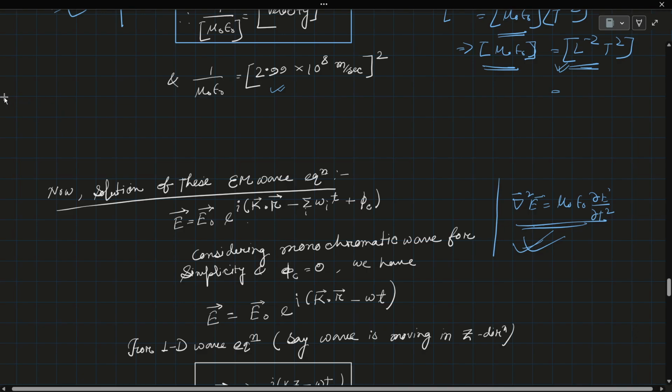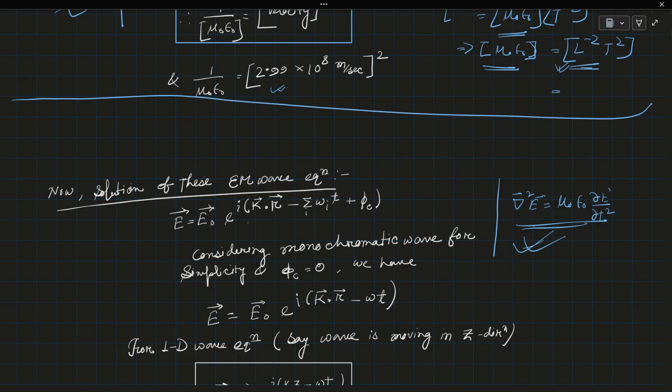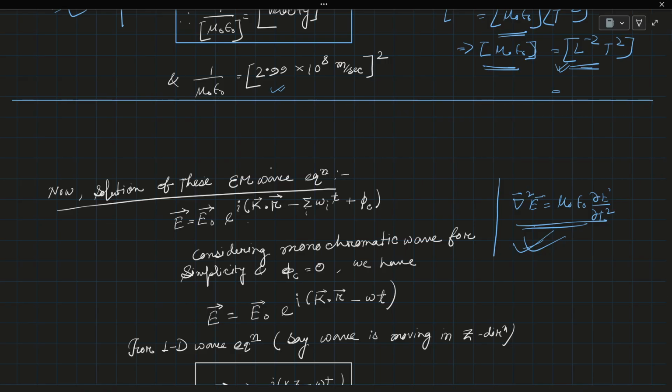The electromagnetic wave equation. So let me add a line here. What was the wave equation? The wave equation was del square E equals mu naught epsilon naught del square E del t square. Now if I find its solution, then what will I get?